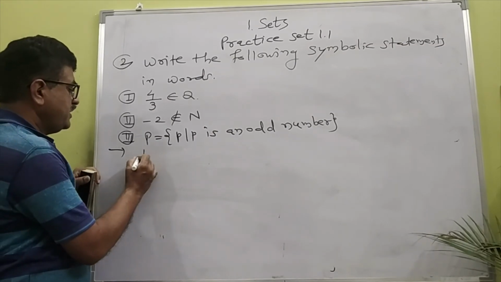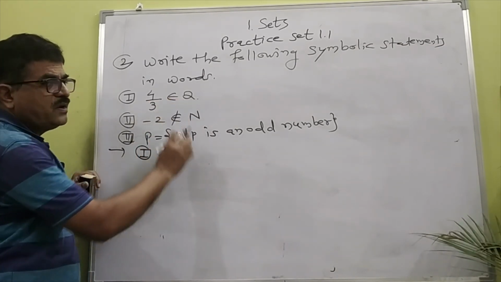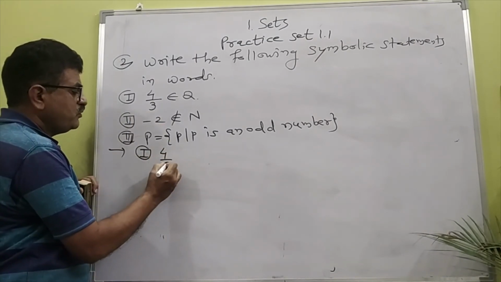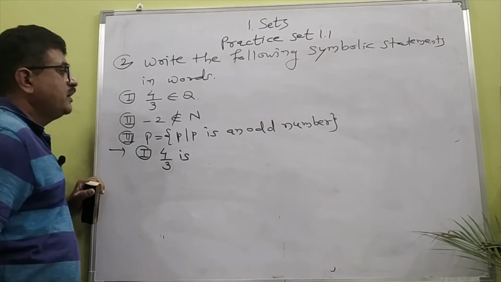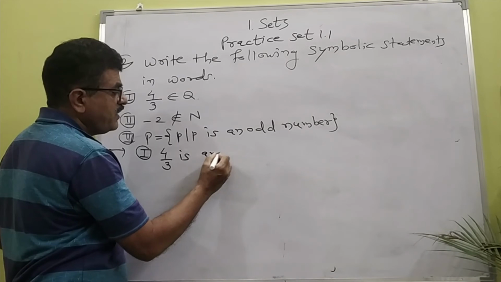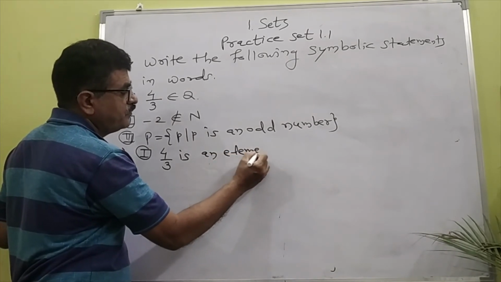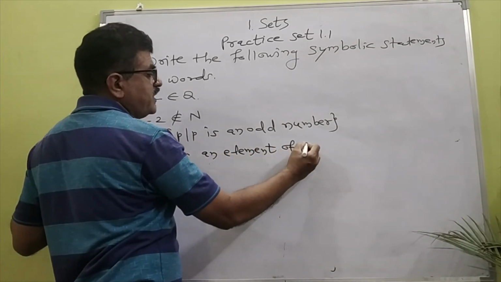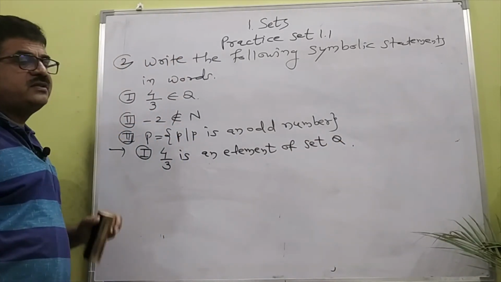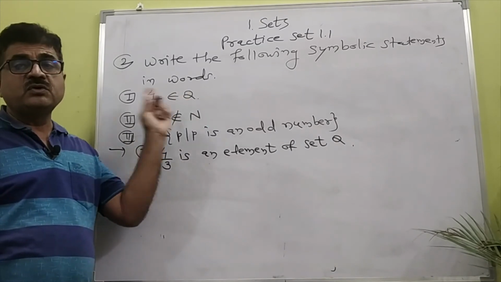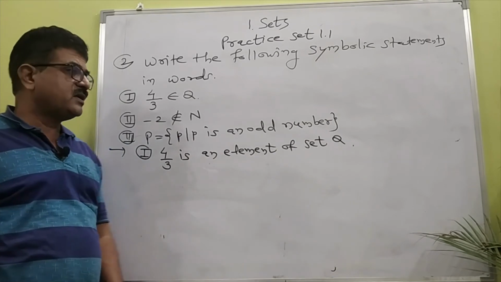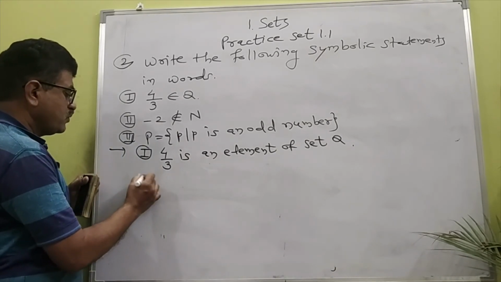Now first example, 4/3 belongs to Q, or we can write this as 4/3 is an element of set Q.